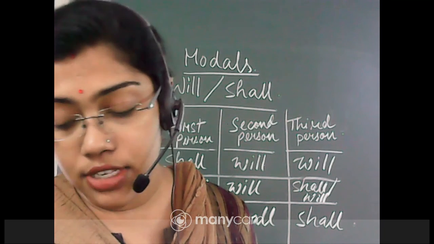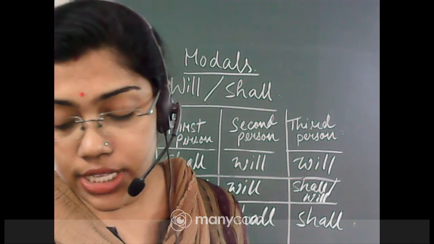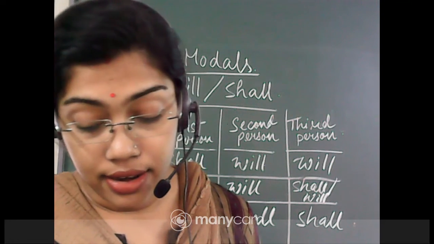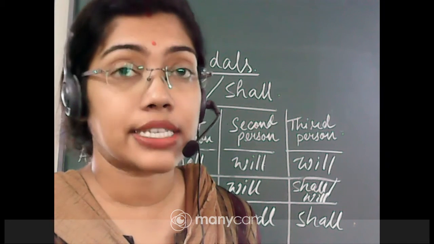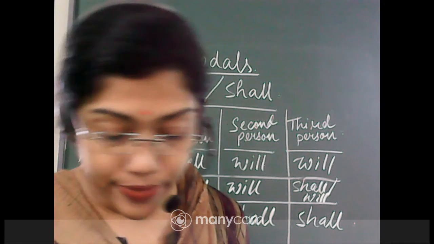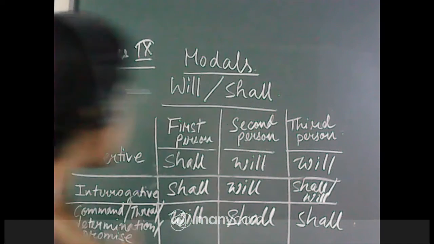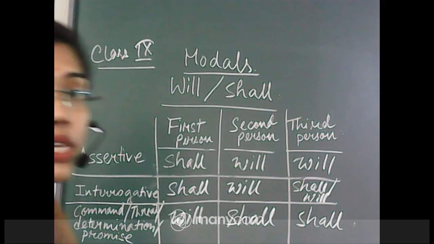Shall I have his reply soon? Number 12, dash we reach there in time. Shall we reach there in time? You are asking the question. See, for the interrogative, we are using shall for the first person. We is the first person here.